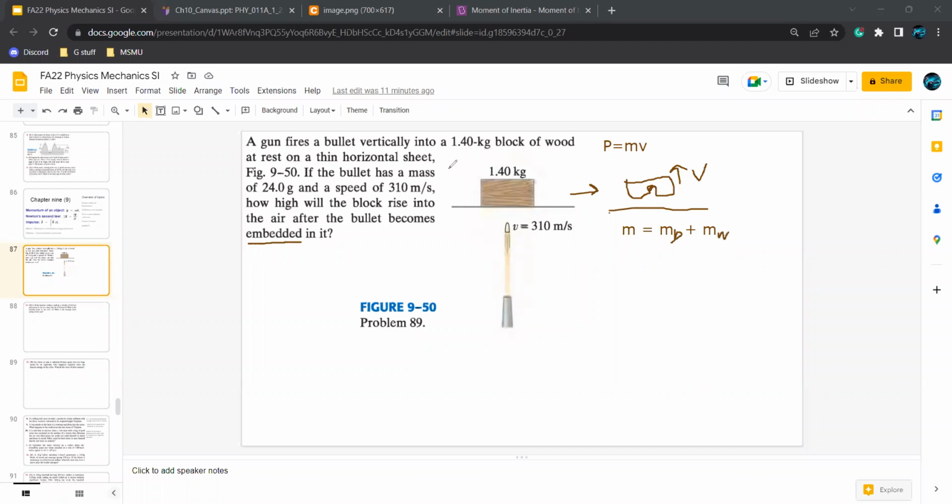This is M wood here. And bullet tells us it's 24 grams.